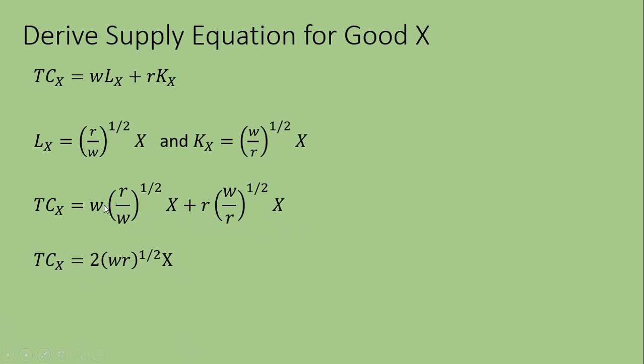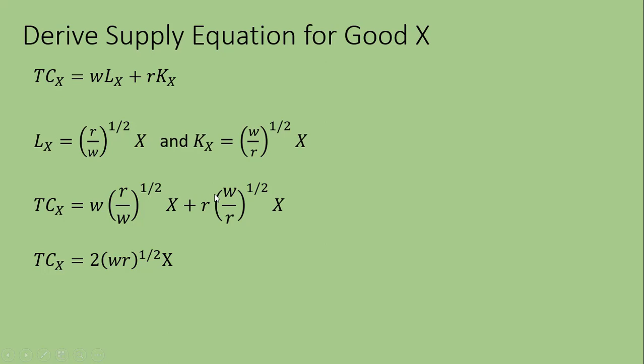Well, we can do a little simplification here. So this will simplify to the following. This W divided by W to the 1/2 is just W to the 1/2 in the numerator. And the same thing here.